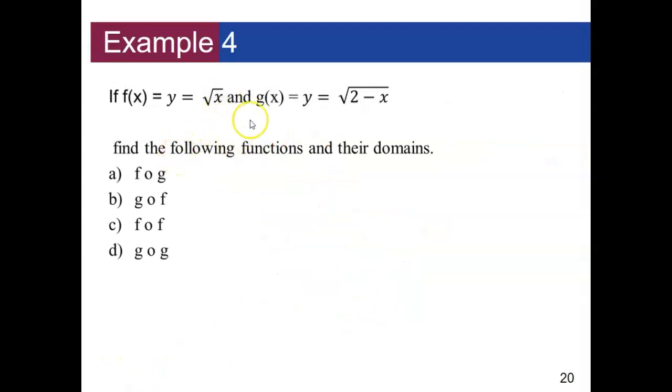Okay, we have another one to work with here. And again, I just wanted to include several examples because I think especially domain can be an issue with this. Here we're going to put the g into the f. I'm going to take this entire function and put it into the square root of x. So I'm going to have the square root of the square root of 2 minus x.